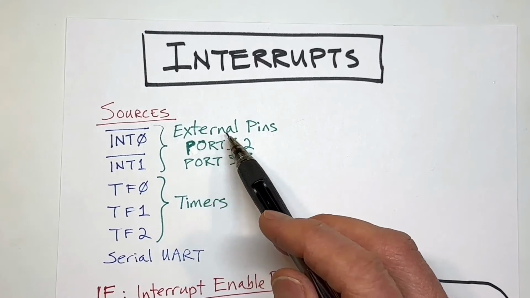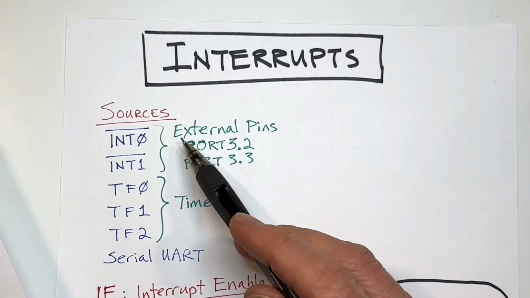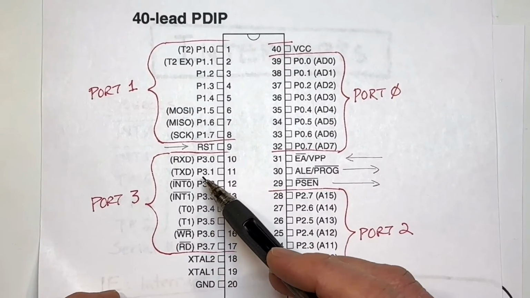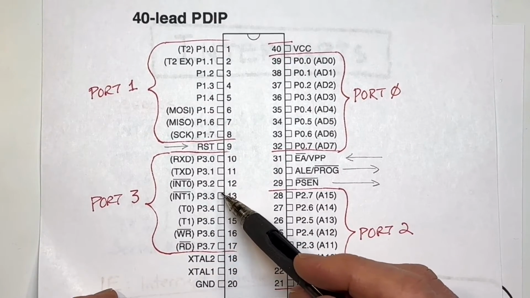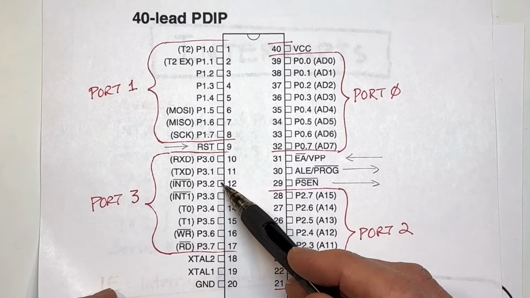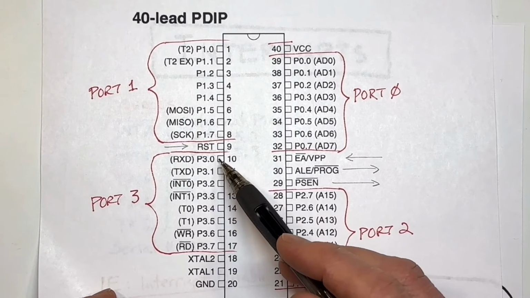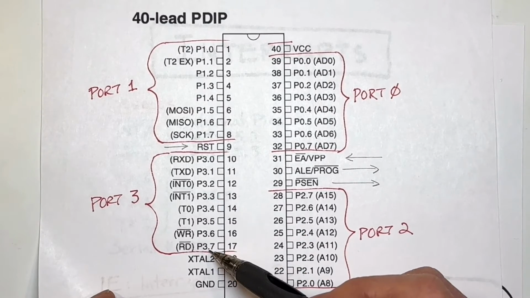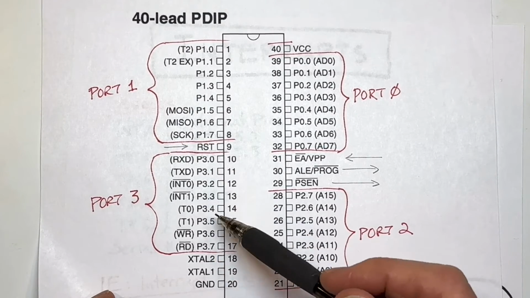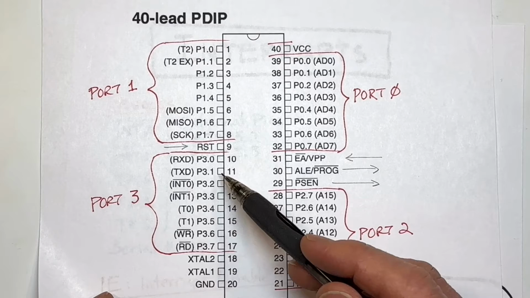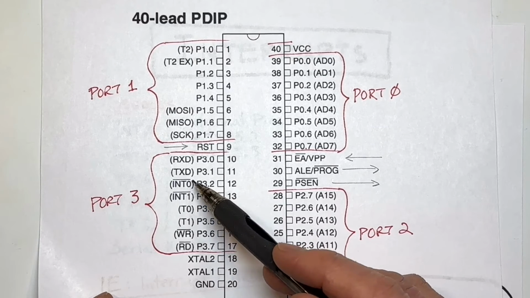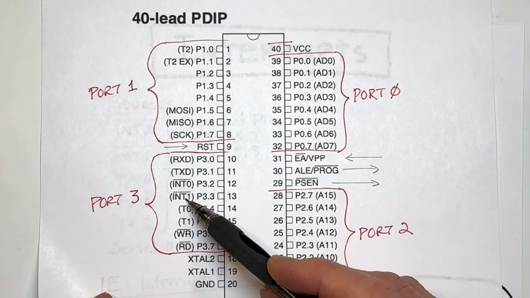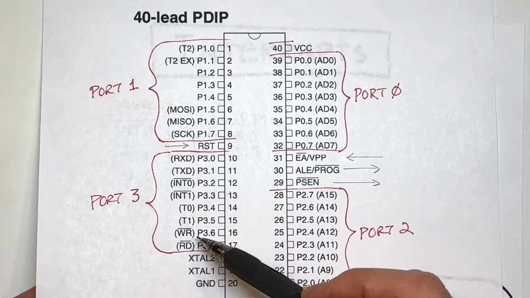So as far as these external interrupts go, there are 2 pins, and you can see them here. They are on port 3, bits 2 and 3, and so these ports do double duty, if you will. So maybe these pins are used for general purpose I/O, or maybe they're used for the serial communication or the interrupts and so on, timers, etc.